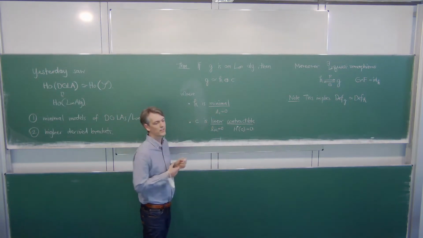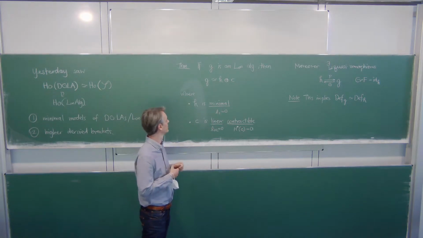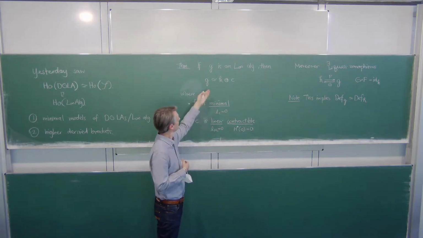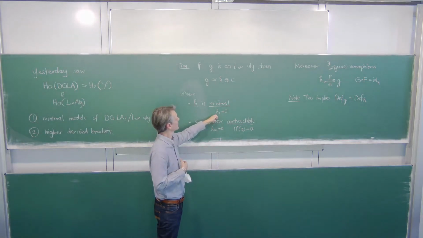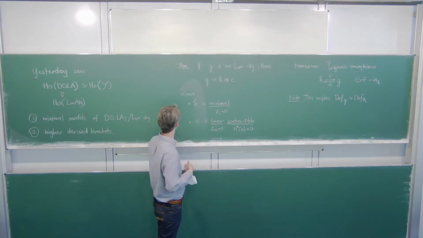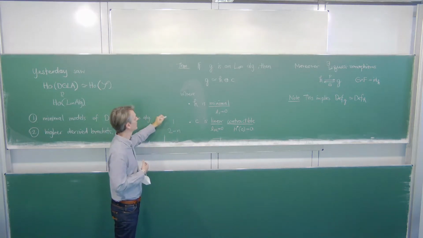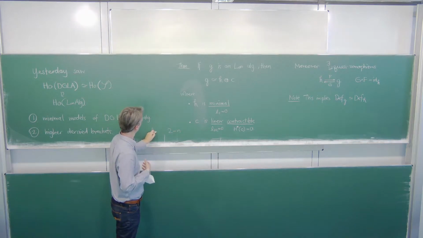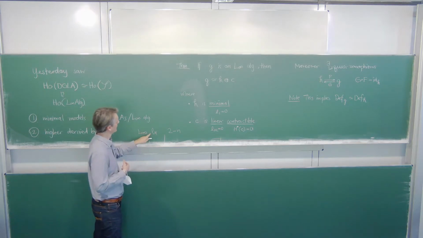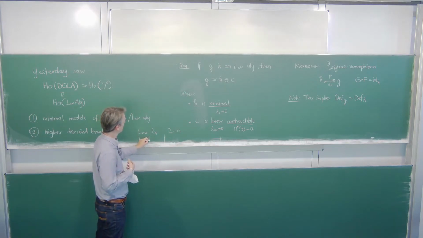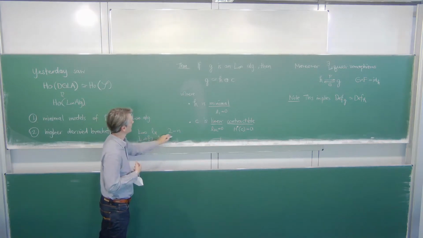If this is an L infinity algebra, then L1 will have degree 1, and the higher brackets will have degree 2 minus n in general for the arity. So Ln has degree 2 minus n in the L infinity algebra setting, and in the L infinity 1 setting Ln has degree 1.